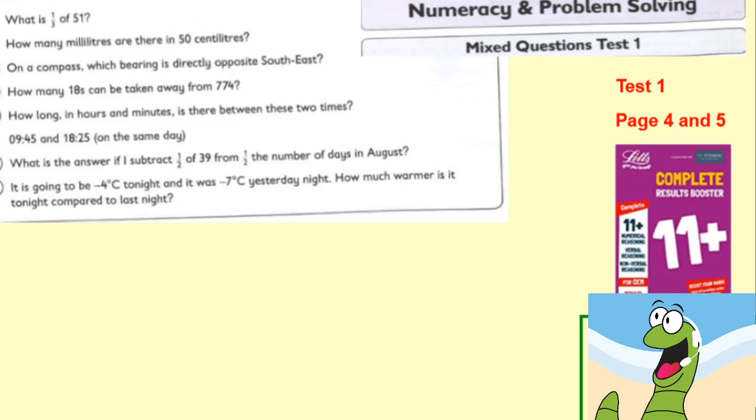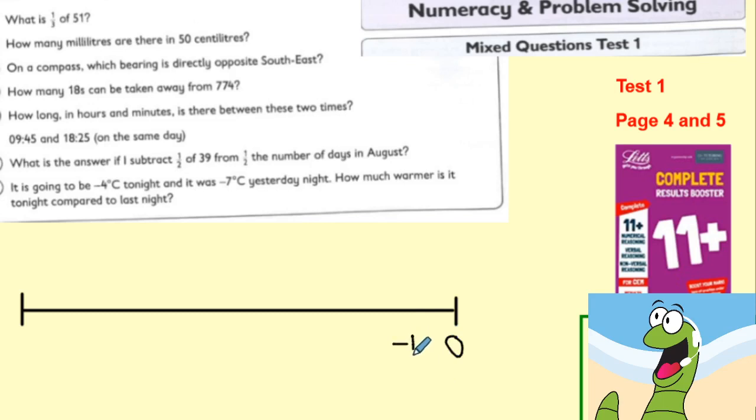So what I'm going to do is bring up a number line. So we have 0, and negative numbers, and then we have -1, -2, -3, -4.